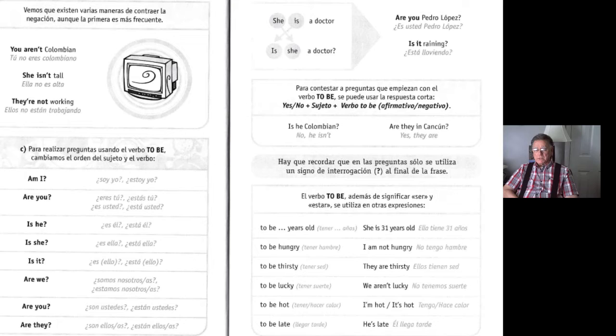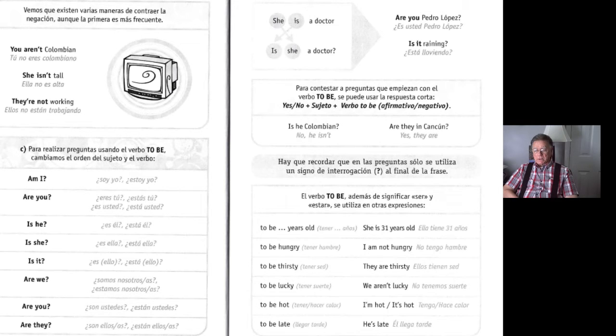Now we're going to make questions. Vamos a hacer preguntas. Am I? This is a question, una pregunta. That would be soy yo, estoy yo. Okay, are you? Eres tú.